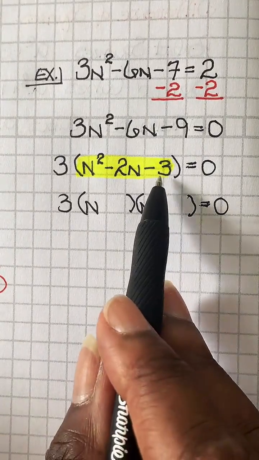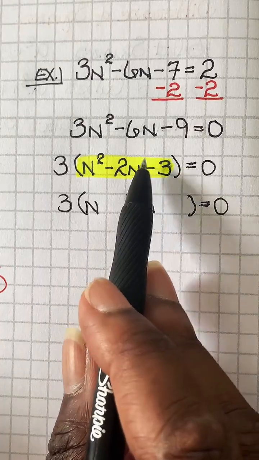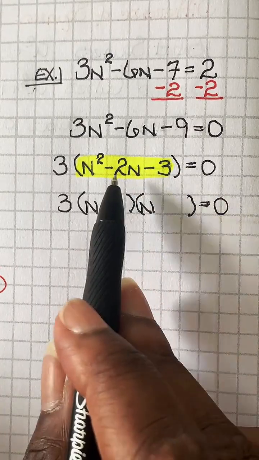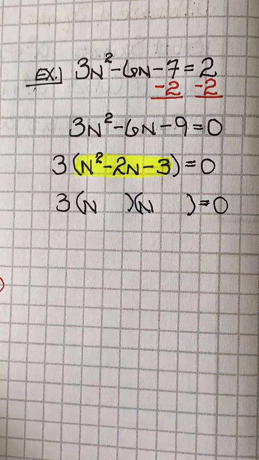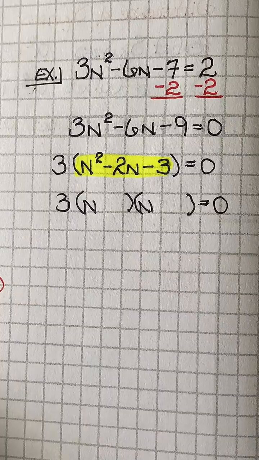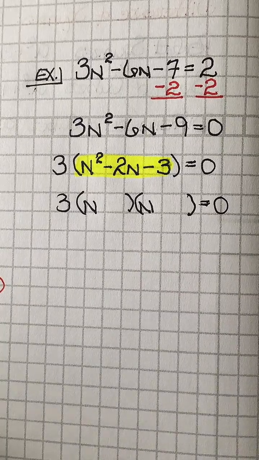So, what two numbers multiplied together will give me a negative 3 and add together to give me a negative 2? Okay, so I have 1 and negative 3.